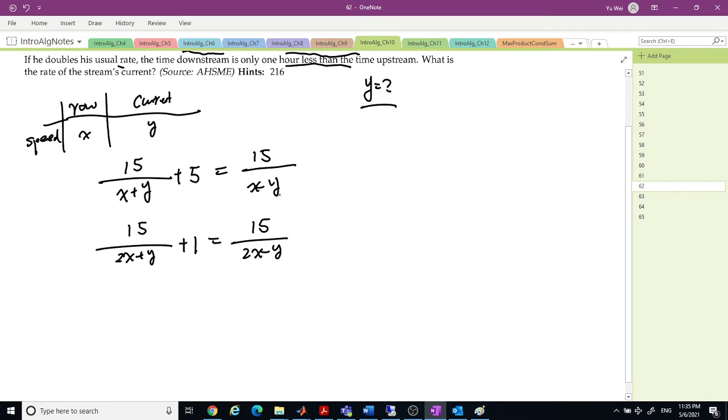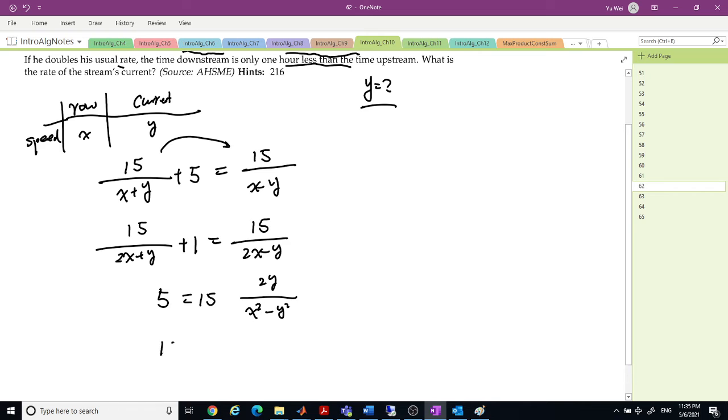So we can solve this. We can move this one here, like the difference of squares. So 5 is equal to 15 over, x squared minus y squared is 2y.